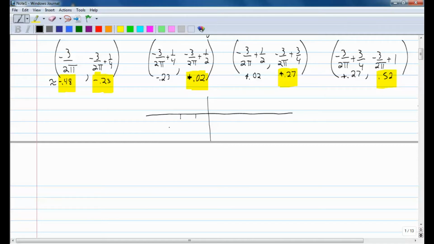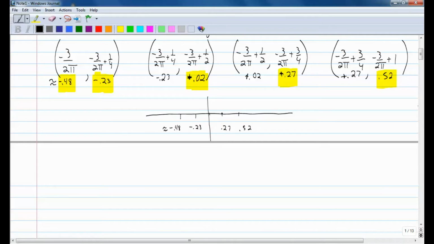So this one's going to be about -0.48. This one's going to be about -0.23. Then we have 1 really close to 0 there. Alright. Then I'm going to have positive 0.27 and positive 0.52. All those are approximations.